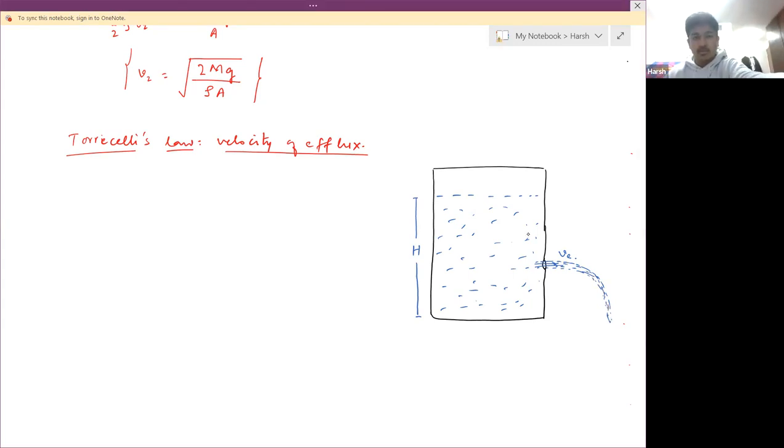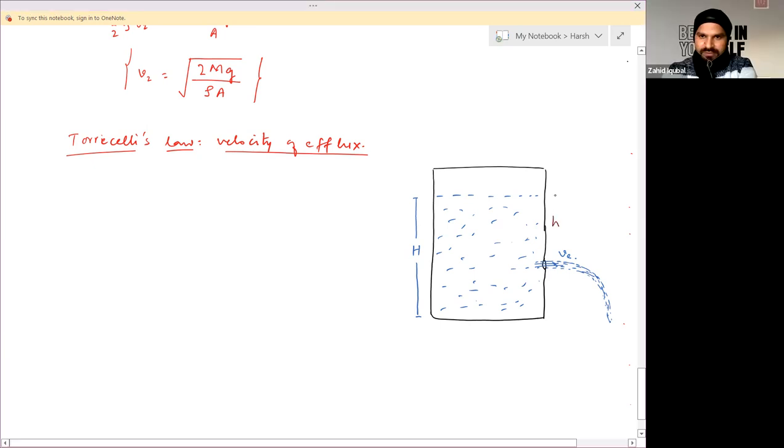Now suppose the position of the hole from this point is h. So the height from the bottom is H minus h. Let's say there is some pressure inside, and the pressure outside is P naught. So you have to apply Bernoulli's principle.